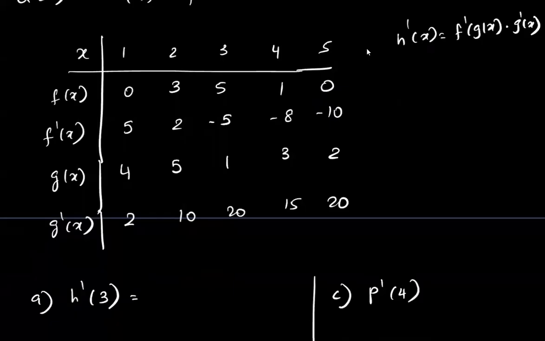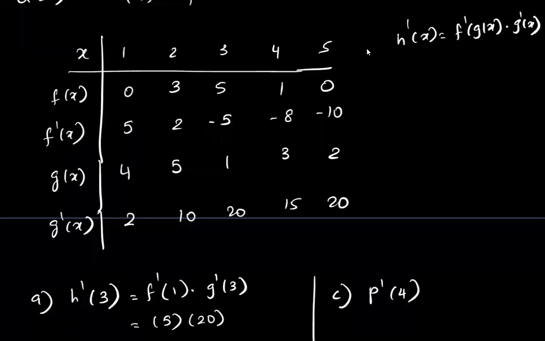First I have to evaluate F prime at G of 3. What is G of 3? G of 3 is 1, times G prime at 3. What is F prime at 1? It's 5. G prime at 3 is 20. So this gives me 100.